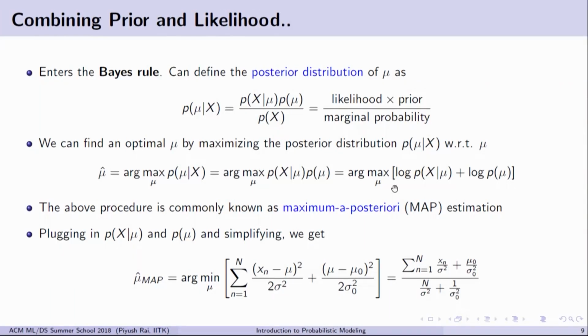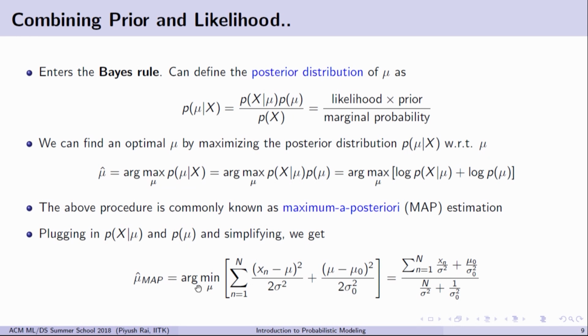In order to get mu hat, you have to solve this argmax problem where the objective function is log of the likelihood plus log of the prior distribution. We have already defined the likelihood and the prior distribution. Both were Gaussian. The likelihood was a product of n many Gaussians, and the prior is also Gaussian. I have not shown the derivation, but it should be apparent: the log of the likelihood gives a term that looks like sum of xn minus mu squared by 2 sigma squared, and the log of the prior distribution looks like mu minus mu 0 squared divided by 2 sigma 0 squared.